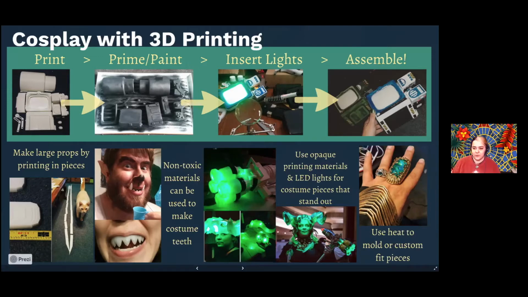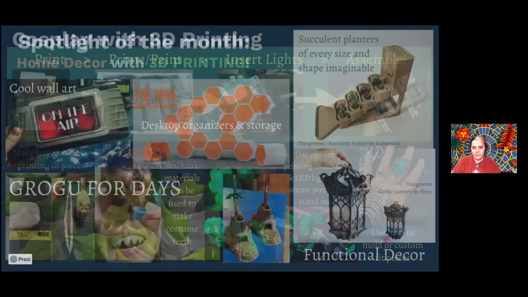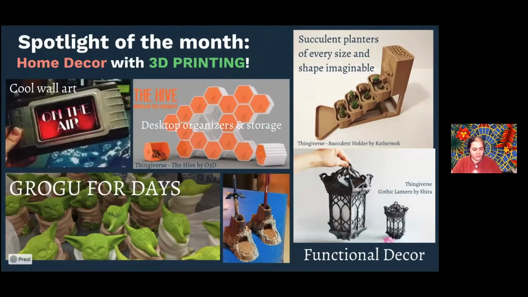It was kind of a neat trick to try and learn. It's scary to use heat with 3D printing because the melting point is so low, but there's a lot of applications, at least in cosplay, that you can use 3D printing with. And then that brings us to our topic of discussion this month, 3D printed home decor.